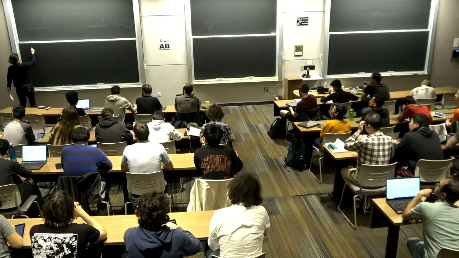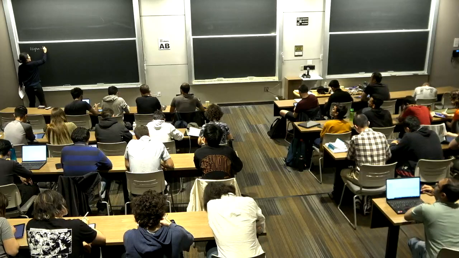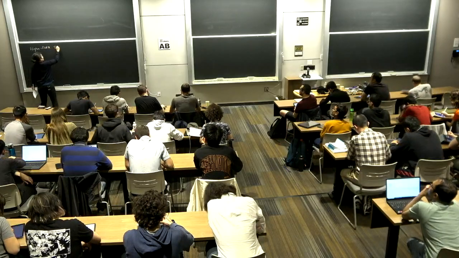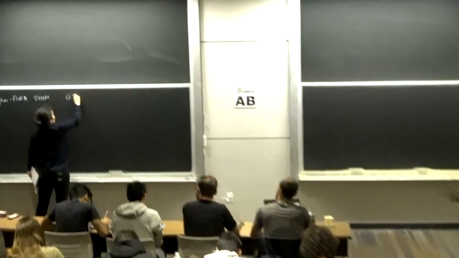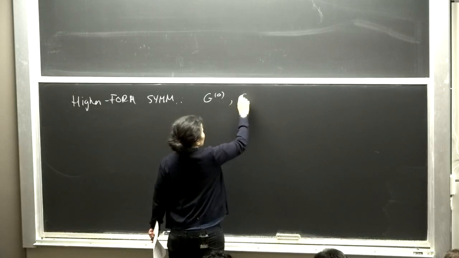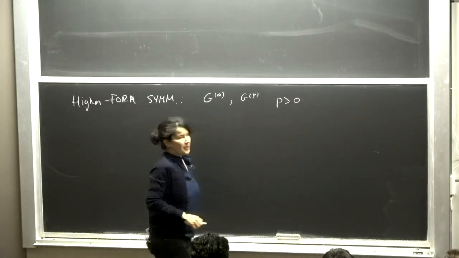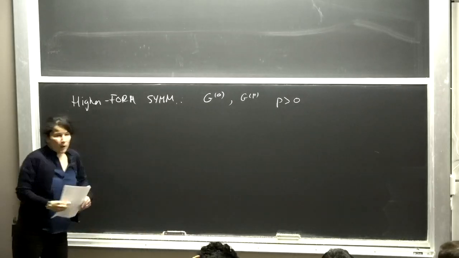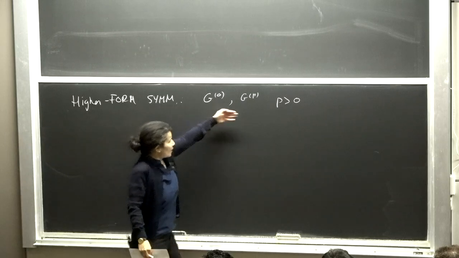Okay, so we're discussing higher form symmetries. And we said, well, we have the standard zero form symmetry that can be non-abelian, but then we have these G_p, so p bigger than 0. These are abelian groups. And if I have a quantum field theory, I can have several of these.